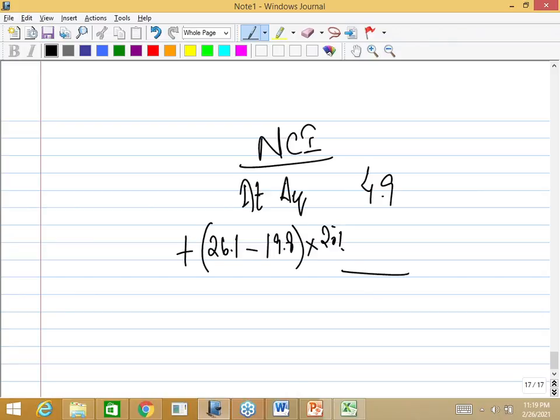So this will be the post-acquisition profit for the NCI: 26.1 minus 19.8, multiplied by 20% share, that will be 1.26. So by adding these two figures, 4.9 plus 1.26, you will get the value of 6.16.